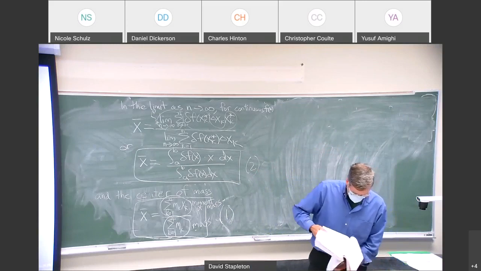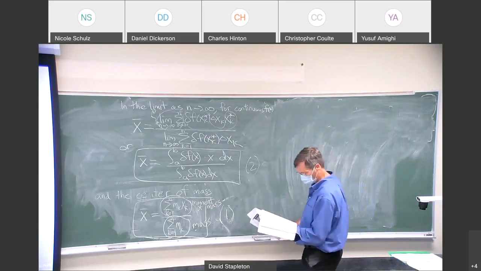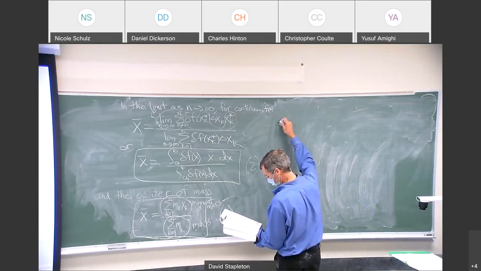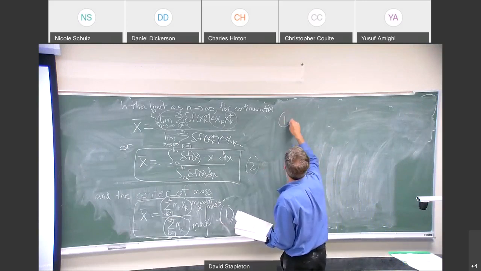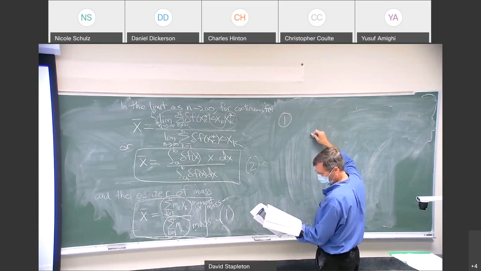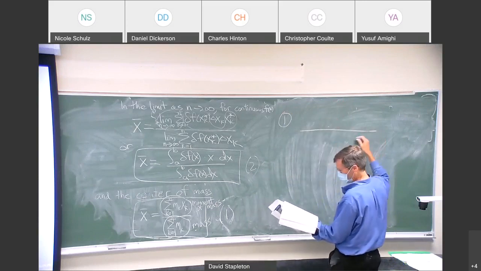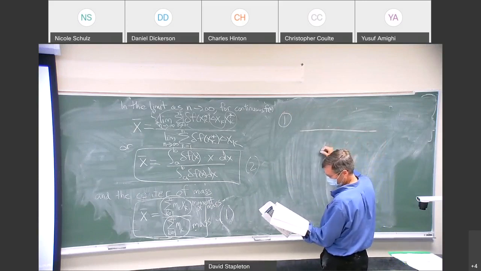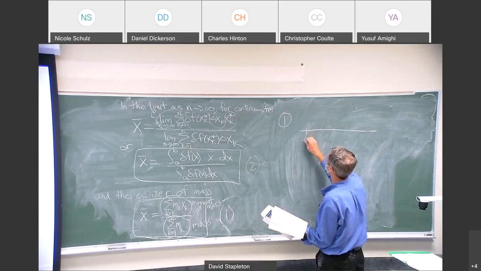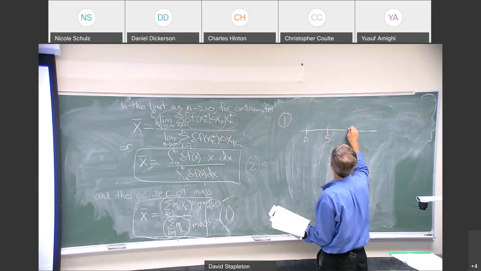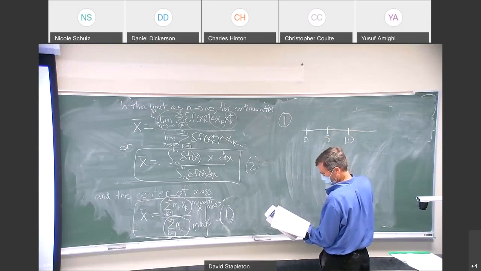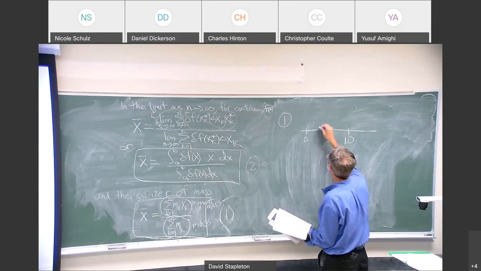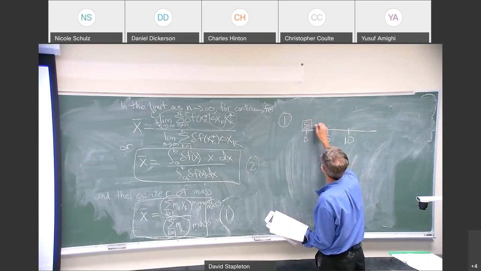Here's a simple problem, the first one. Let's do the discrete case first. This is number 1. Suppose I put these three masses here at x equals 0, x equals 5, and x equals 10. Here I put a 5-pound mass.